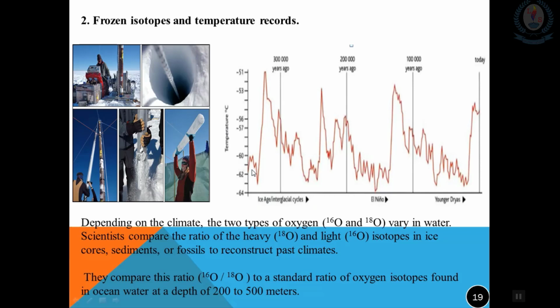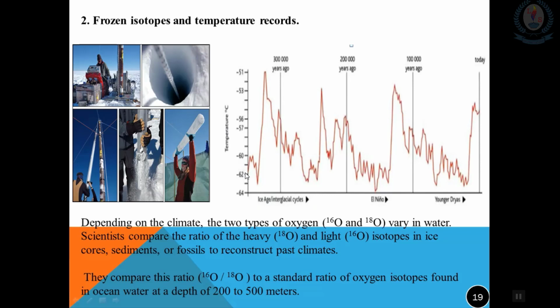Oxygen exists in the atmosphere as oxygen gas and also a component of water vapor in the atmosphere. Water molecules in the oceans have oxygen as a component, and also water molecules in the glaciers have oxygen as a component element.